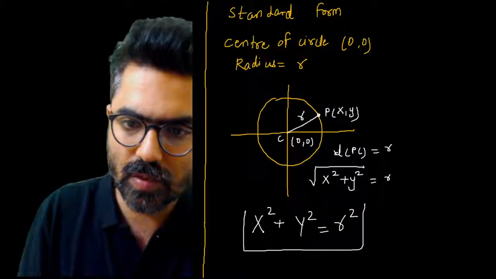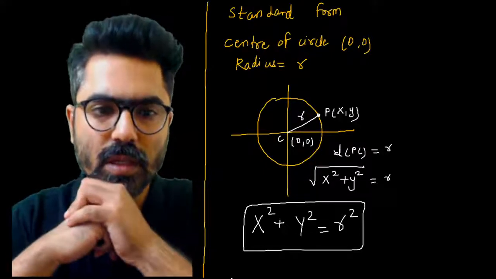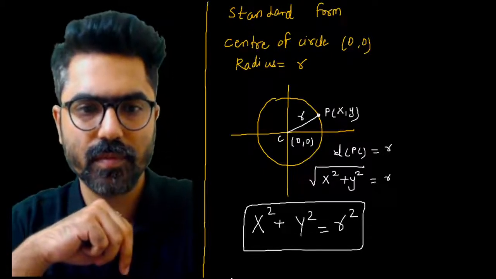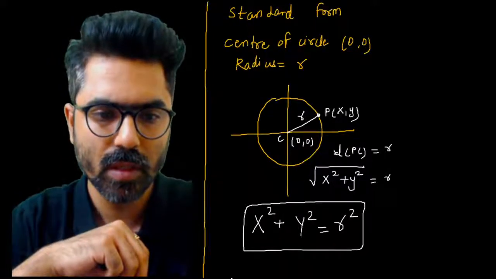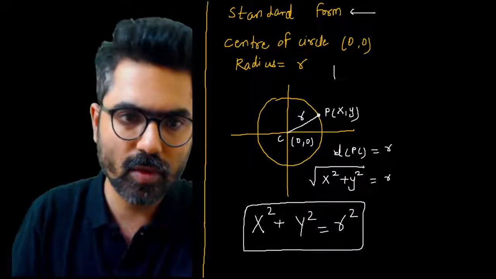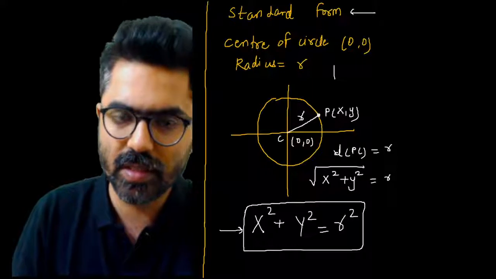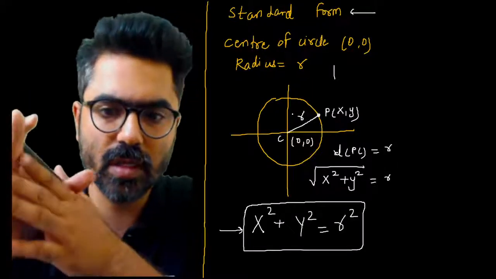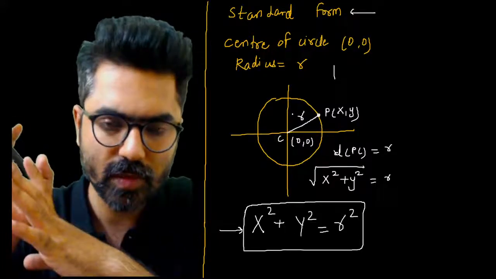This is the equation of circle in the standard form. So always remember, standard form is: the center of a circle is origin and the radius of circle is r, and if you try to find the equation of circle by distance formula, then we get x square plus y square equal to r square.